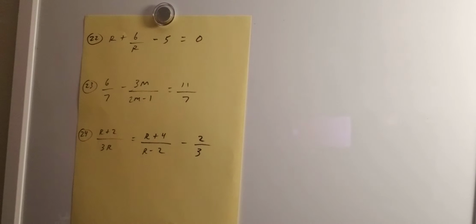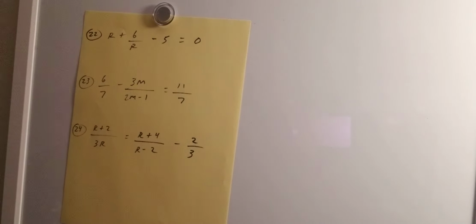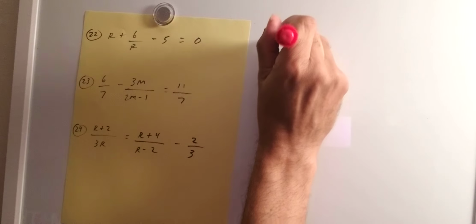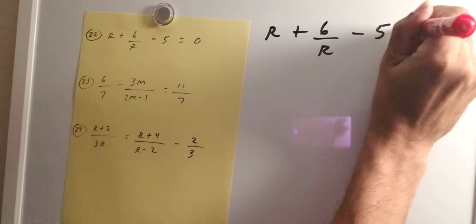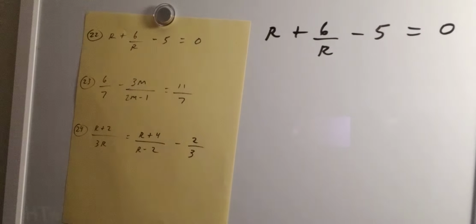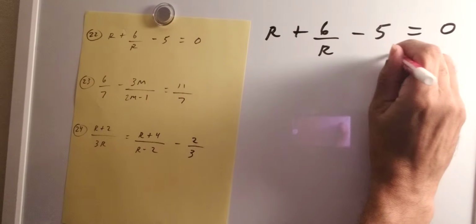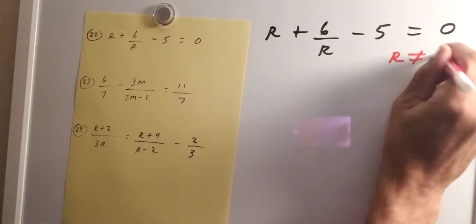Last sheet for 22 through 24. Here we go. Solve each equation. R plus 6 divided by R minus 5 equals 0. R in the denominator, so R cannot equal 0.